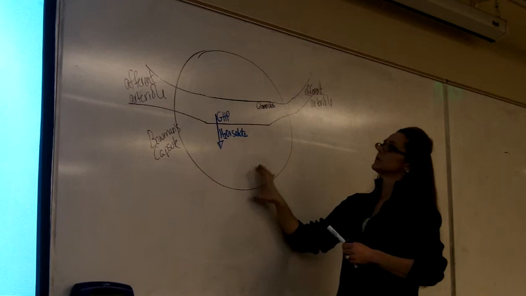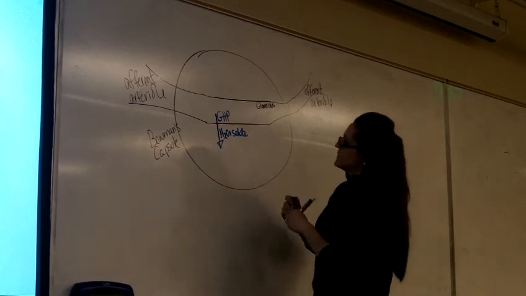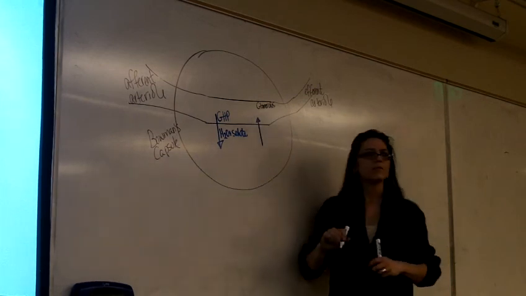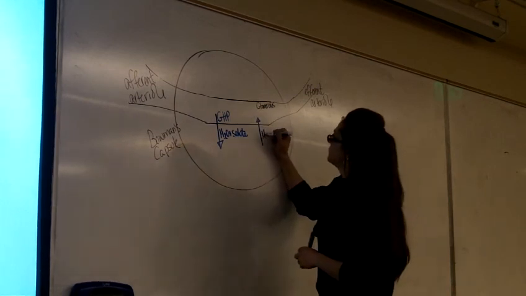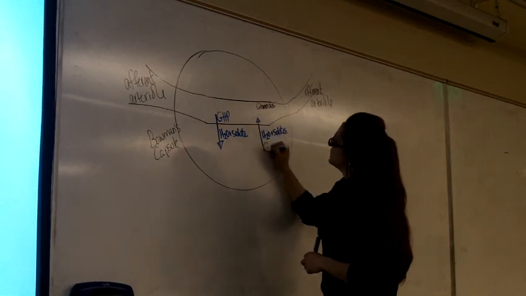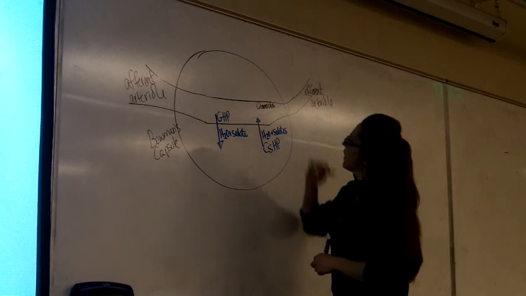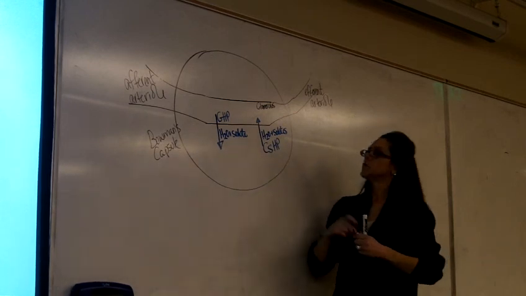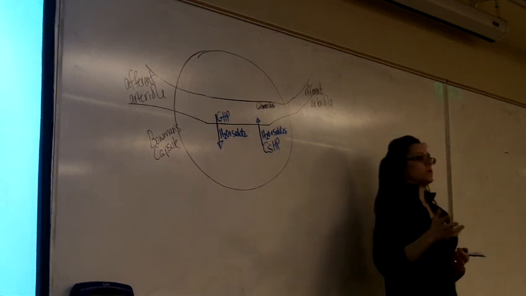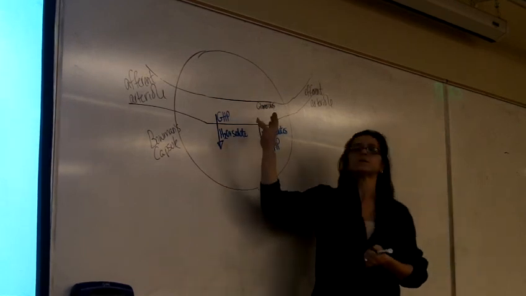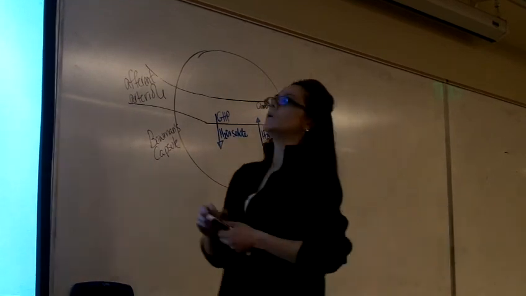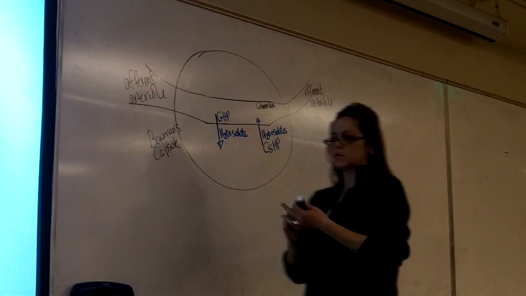The pressure exerted by the capsule tends to force water and solutes right back into the glomerulus. So that's your capsule hydrostatic pressure. It tends to oppose filtration because it pushes that stuff right back into the glomerulus.